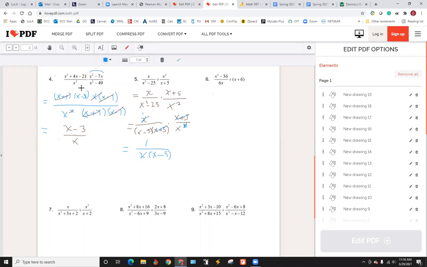So this is the same kind of thing we keep getting. It's one of these difference of squares. I'm just going to go ahead and do it.